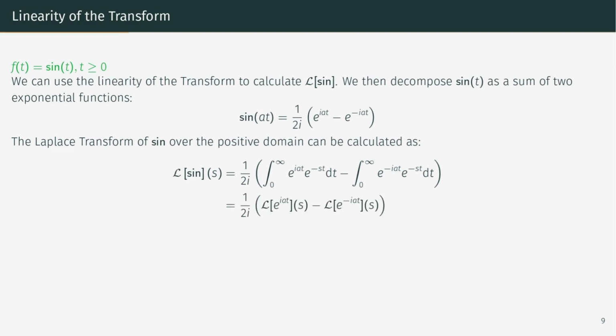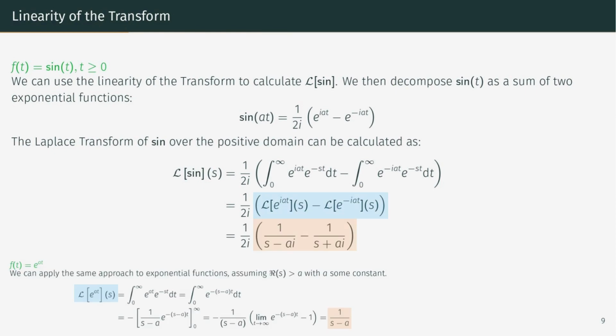We can rewrite the integrals in the Laplace transform notation, and then we get 1 over 2i times the Laplace transform of e to the iat minus the Laplace transform of e to the negative iat. We know from previous examples that the Laplace transform of e to the at equals 1 over s minus a.